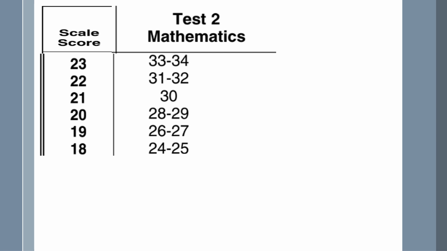So just for a reminder, 18 is the minimum score you need. And to do that, you have to get at least 24 questions right. Now remember, we have to find out the percentage. Your ACT is 60 questions, and to get the minimum score, you have to get 24 of these correct.